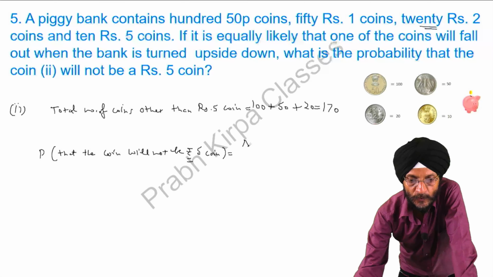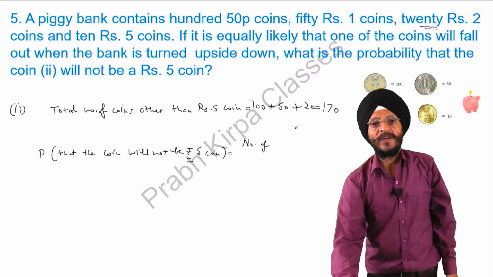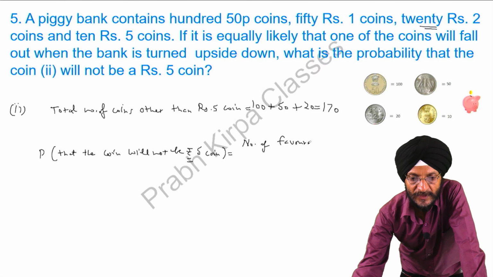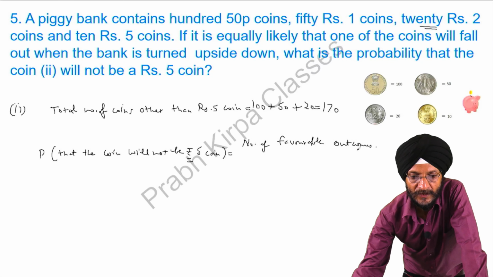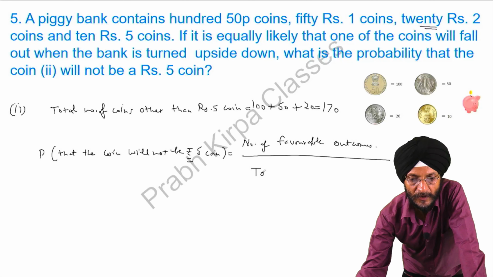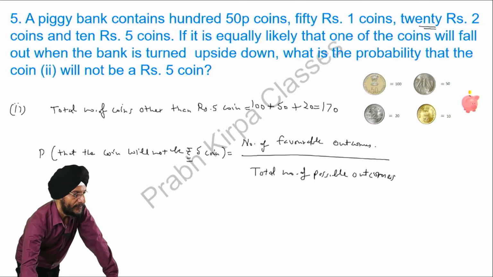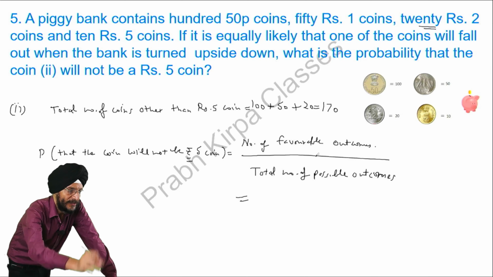So here we will write the number of all other coins except 5, or we will write it as the number of favorable outcomes divided by the total number of possible outcomes. In other words, here we will write the total number of coins other than rupee 5.